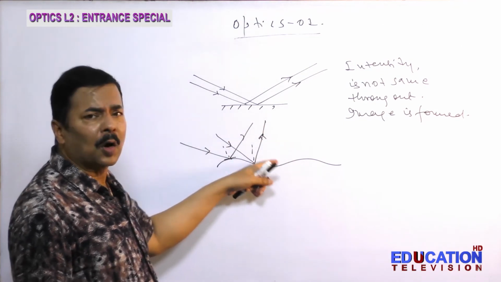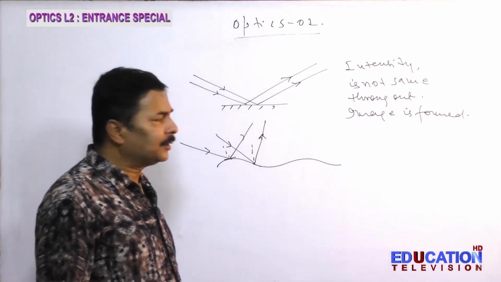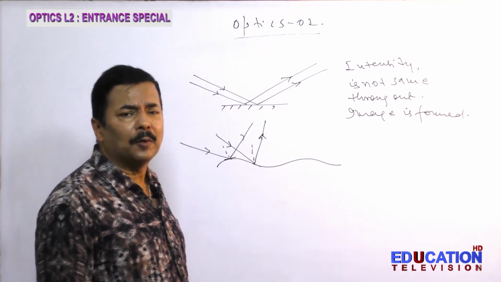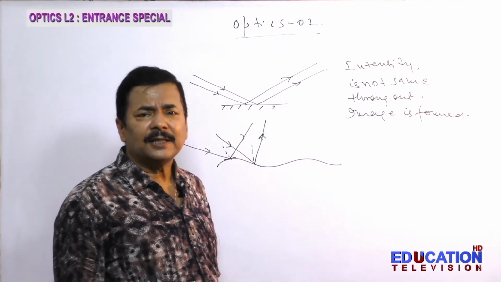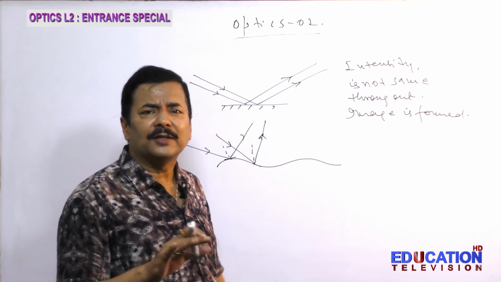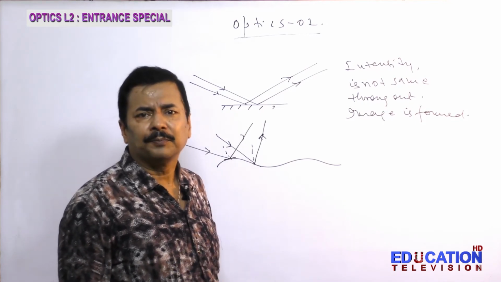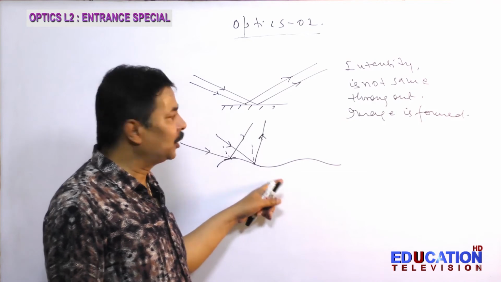It has its uses too. Due to diffuse reflection only, if an object is in the room, from every side you can see the object with the same intensity. So this thing should be understood in mind.